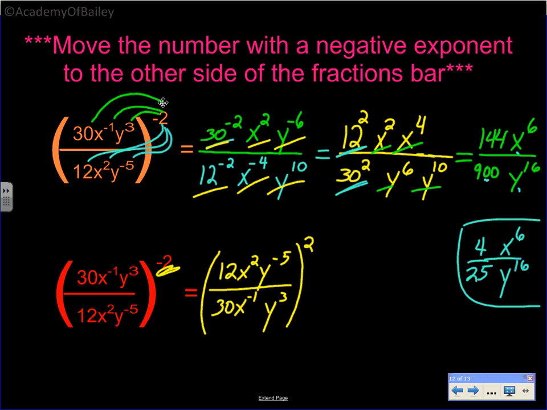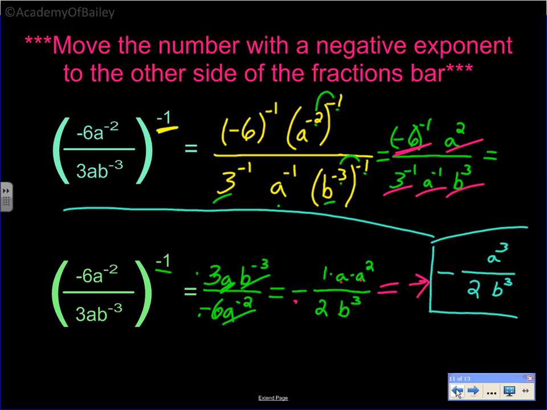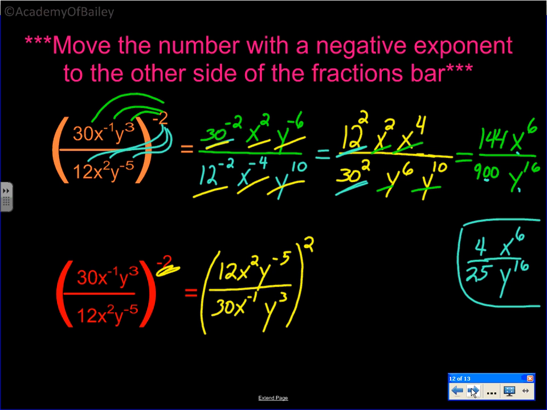Let me flip back a page here for you. If you look at this exponent right here, the exponent of negative 1, it's still here as positive 1, because remember, 3 to the first power is still 3, and a to the first power is still a to the first, and so forth. So in this example, the exponent of negative 2 will become positive 2.